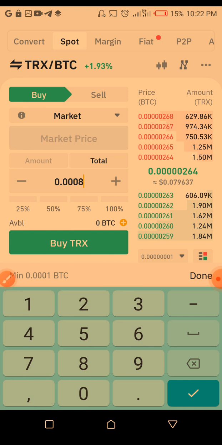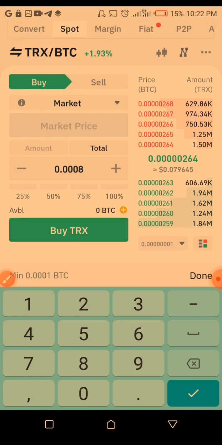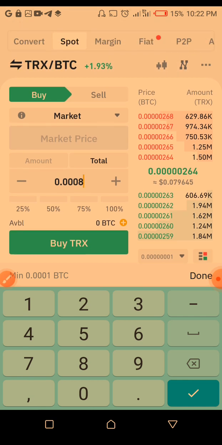It will buy at the market rate. Remember, this market rate might not be the one you are seeing here on the choice of market rates, because the price is fluctuating. It might be on a different market price, but somewhere close to this 0.00264.